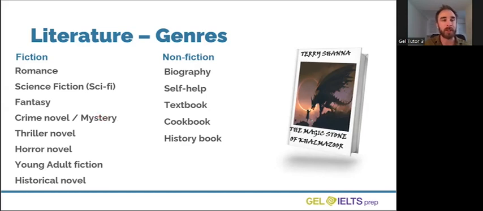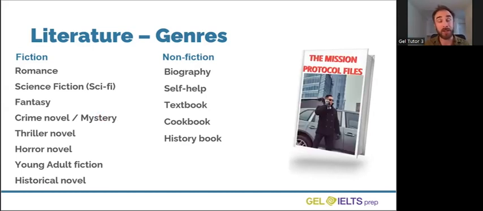All right, next book. Look at the next question below this video and write the genre of this book. This book is a thriller. If we look at the man, it looks like he's doing something important.